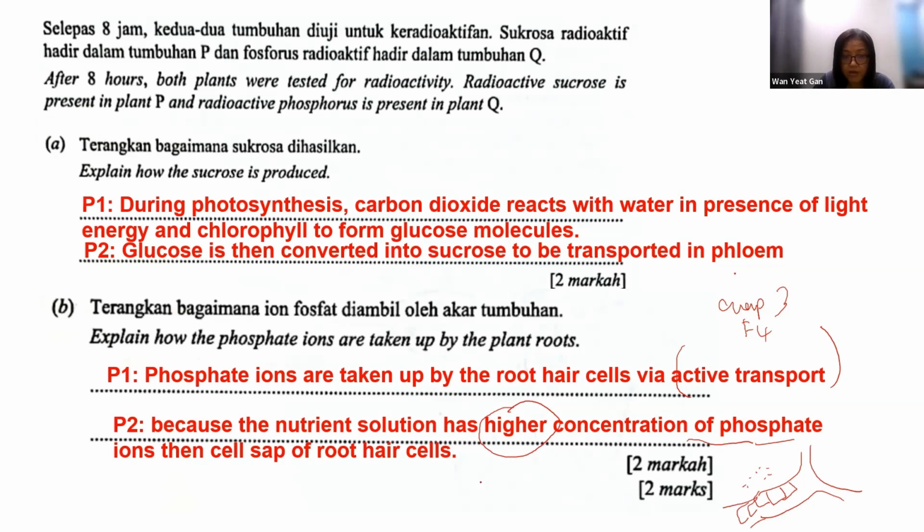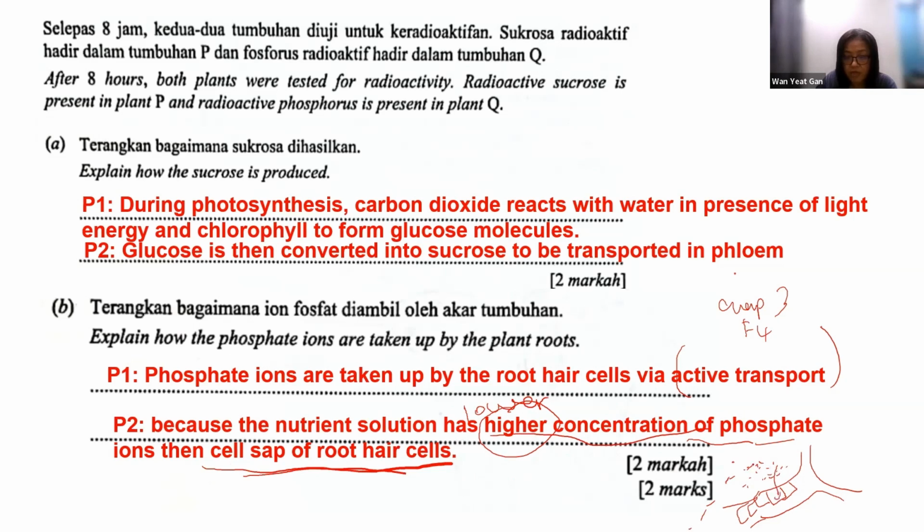All right. So the higher concentration of phosphate ion than the cell sap of the root hair. Now, actually, it is lower, even though you put in the nutrient here.